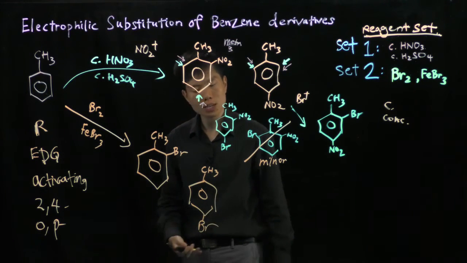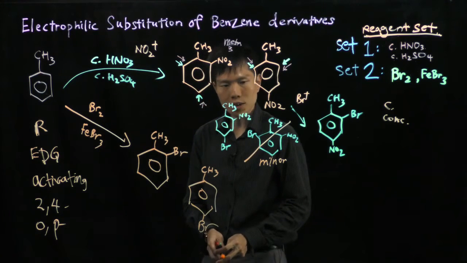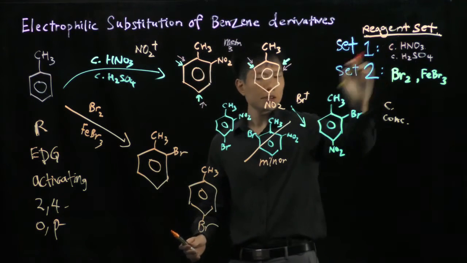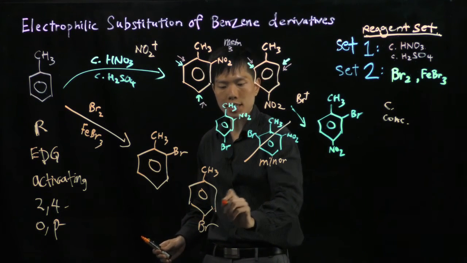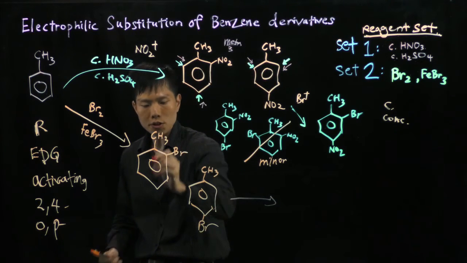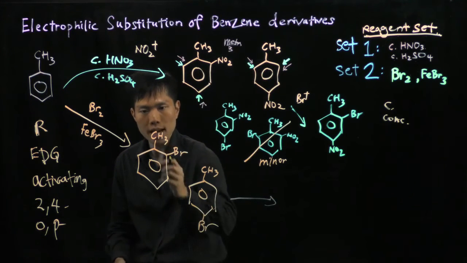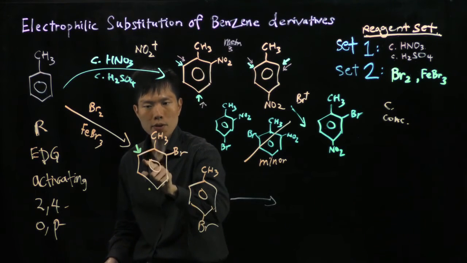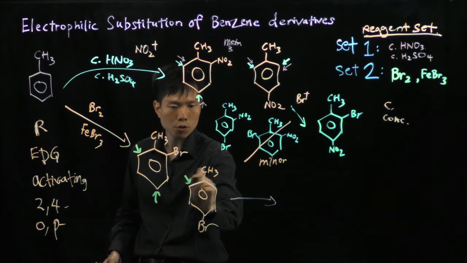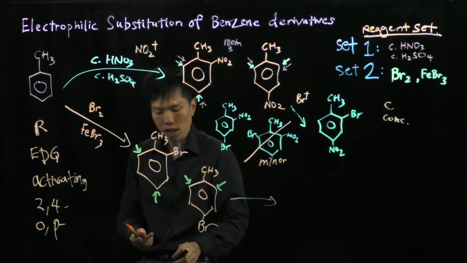Both will be formed equally likely. However, in the second case, when we add the conc nitric acid, conc sulfuric acid, the methyl group here prefers it to go to where? Here, right? Ortho and para. Ortho, para's being blocked, so no chance.